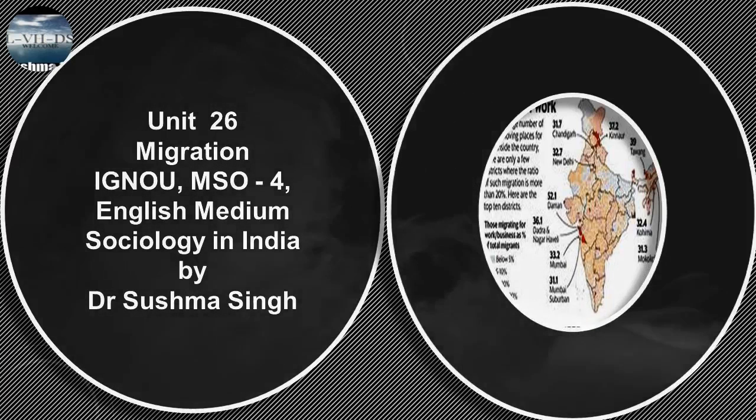It has been observed that economic factors play an important role in the movement of population. The volume and the direction of migration depend on the economic conditions. The availability of agricultural land and the size of land holdings may also induce migration.